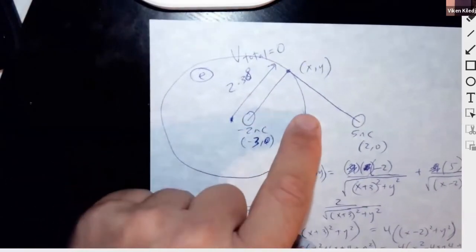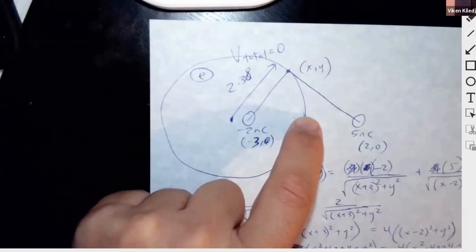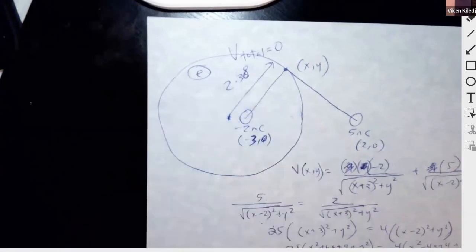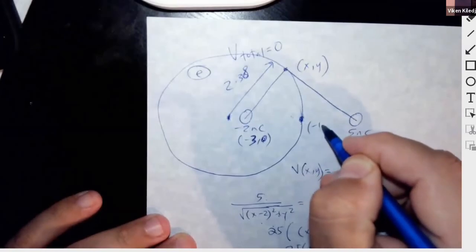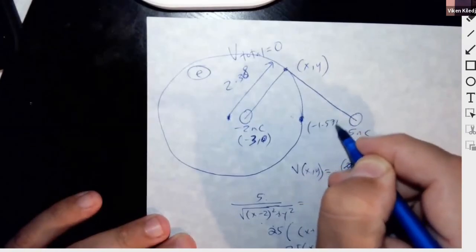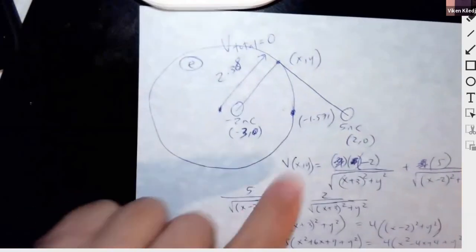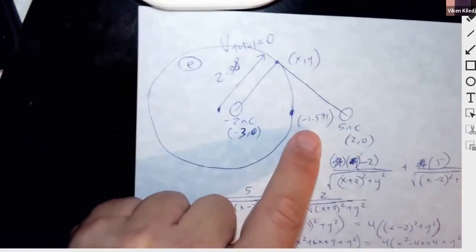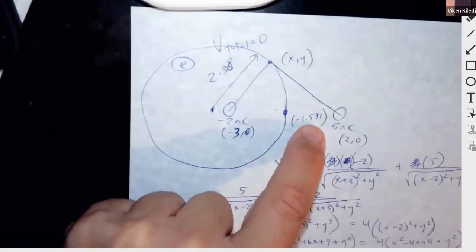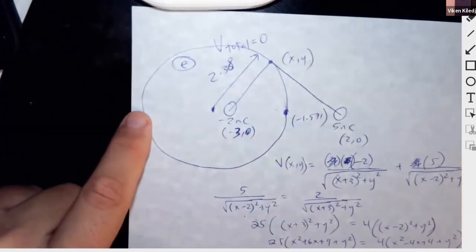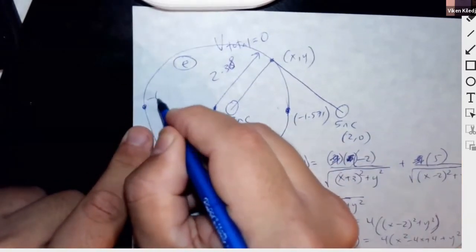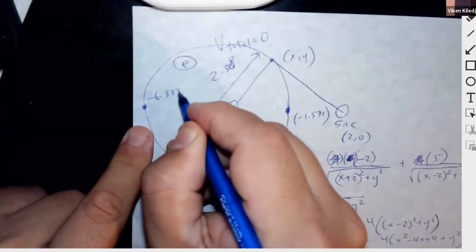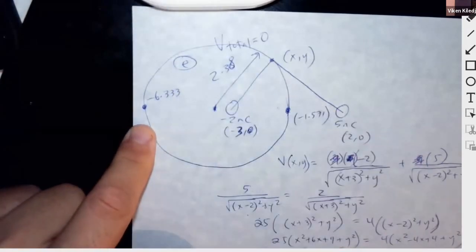What was the point that we had found, remember, in question A? Well, 2 points. Oh, okay, we had found that this point was negative 1.571, right? Negative 1.571. And then this point was what? Negative 6.33. So does that make sense?